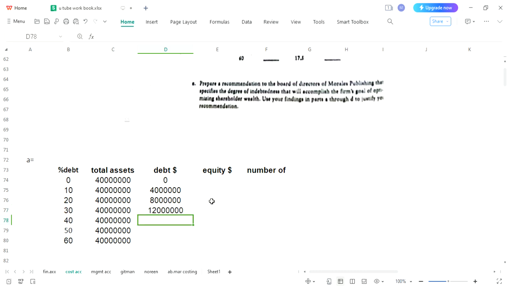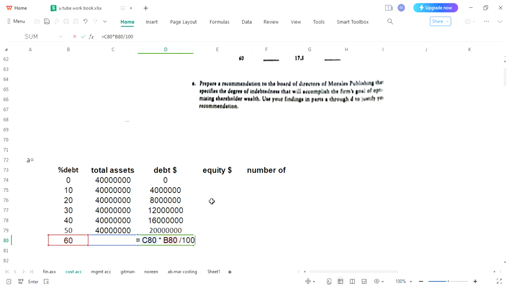So we have got 12 million, and next 40 million was total capital structure and 40% is the amount of debt, 16 million. And then for the next part, 40 million total asset, the amount of debt is 50%, 20 million, and finally capital structure 40 million and the amount of debt is 60%. So we have got our total debt structure presented over here. The last amount is 24 million.